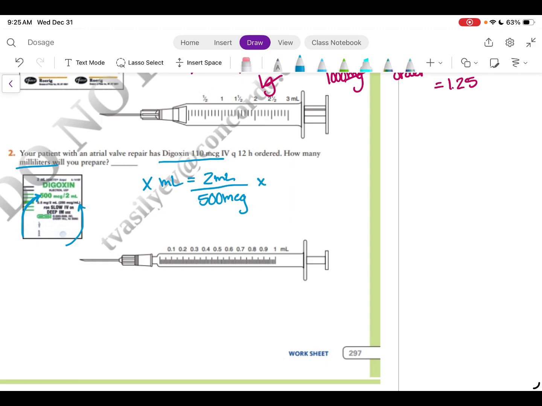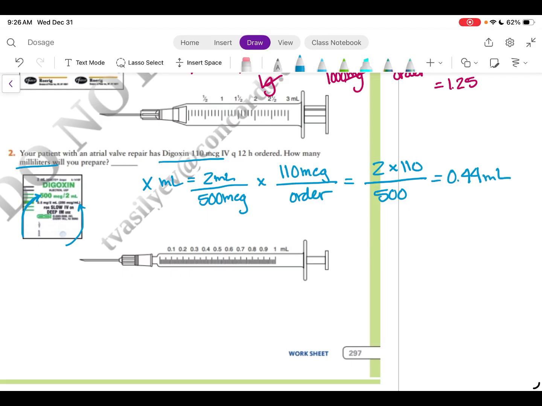So we're going to multiply by my order, which was 110. Right. So 2 times 110, and then divide by 500. And I get 0.44.